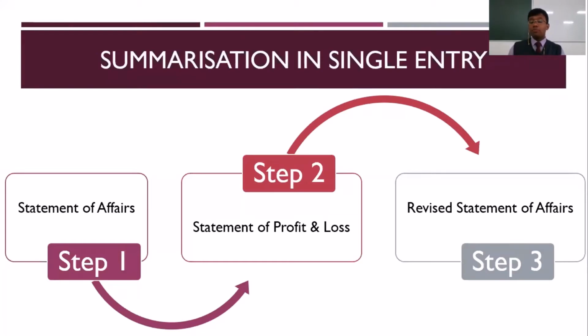Second step, you will be preparing a statement called the statement of profit and loss. The final step, step three, is the revised statement of affairs. In the final step of summarization in single entry system, you will be preparing the revised statement of affairs.